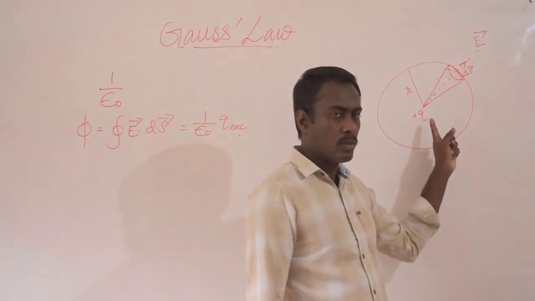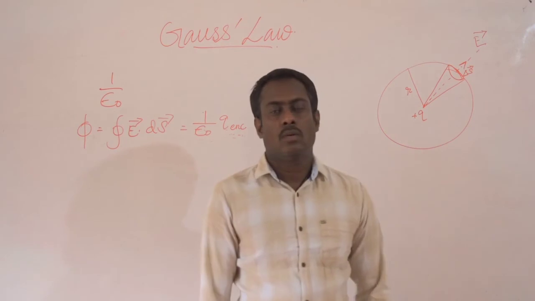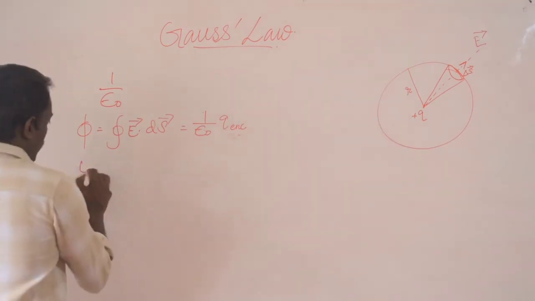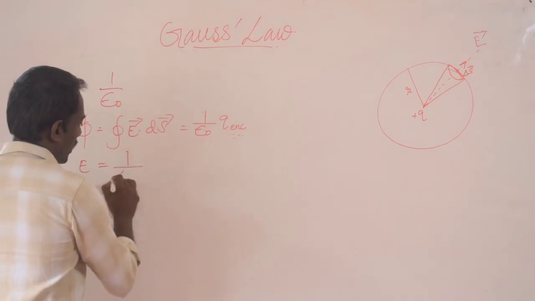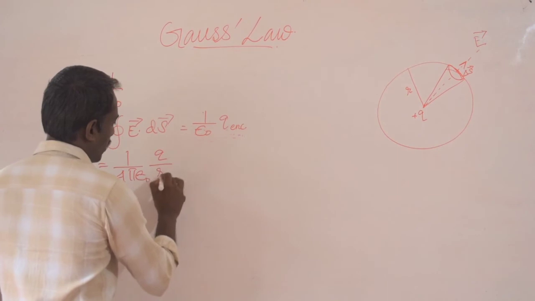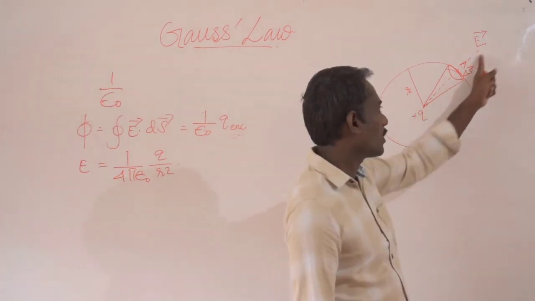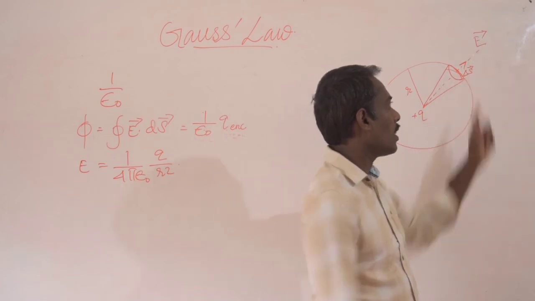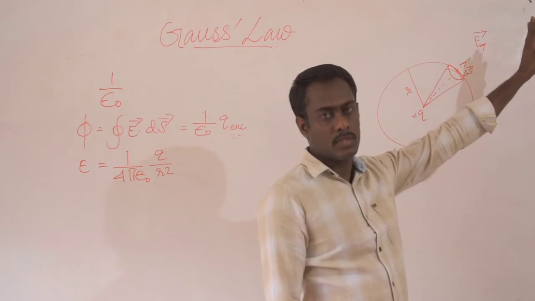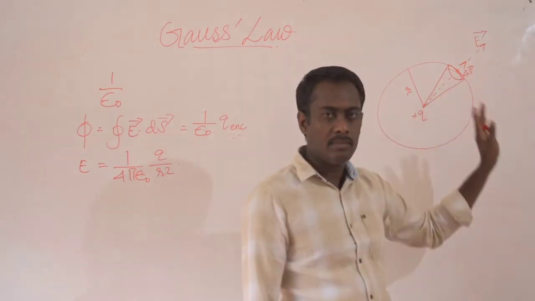As per Coulomb's law, the electric field at this point on a surface area has magnitude E is equal to 1 by 4 pi epsilon 0 into Q divided by R square, and this E is directed radially outward from the sphere, and the area vector and the electric field both are in the same direction.